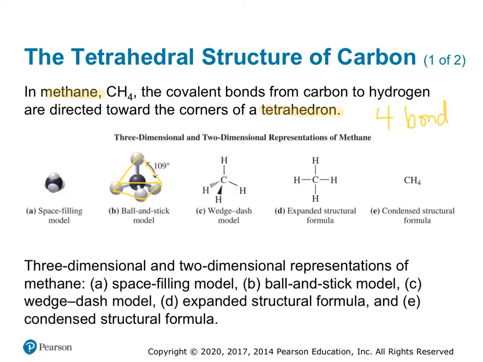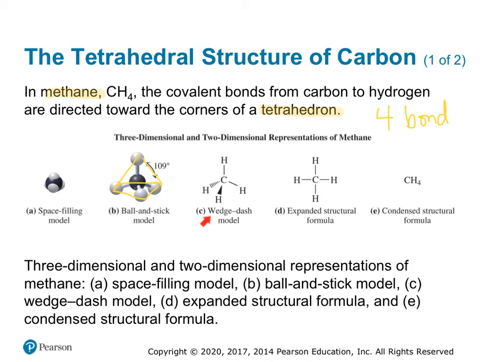The ball and stick model really gives us the tetrahedral shape, and it lets us visualize the bonds. But we know in reality the atoms actually have to be close enough in order to overlap their orbitals. So the space filling model is really as close to reality as we can get. But the ball and stick model shows us the bonds more clearly.